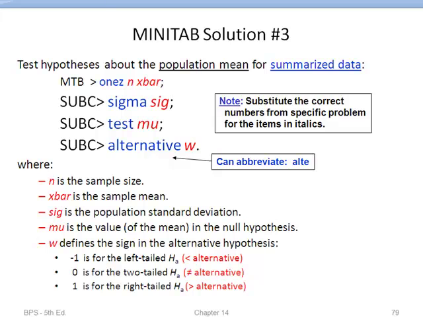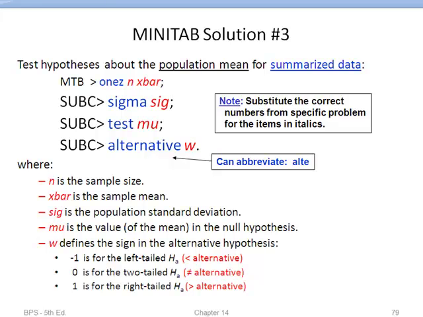What you're going to do is put the null hypothesis value. Then a semicolon, and then the alternative. You write the word alternative, or the first four letters. If it's a left-tailed test, you would put -1. If it's a right-tailed test, you put +1.